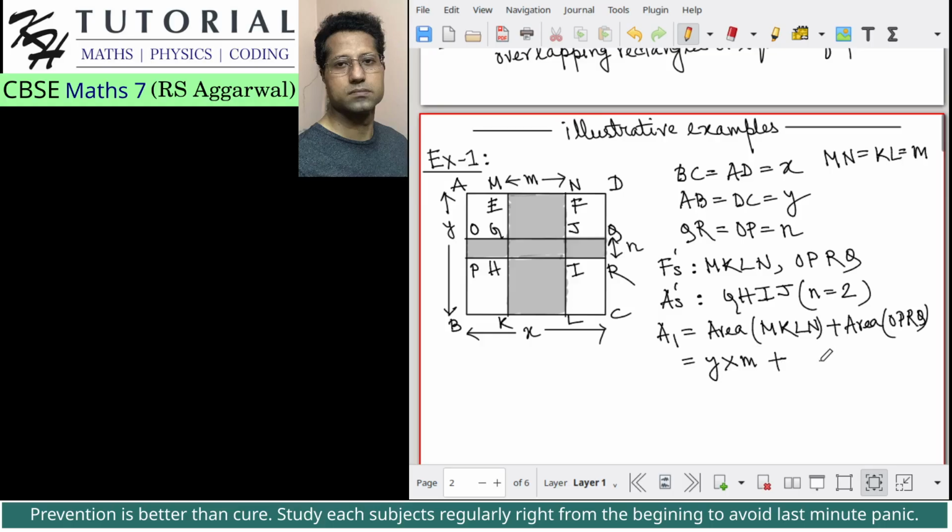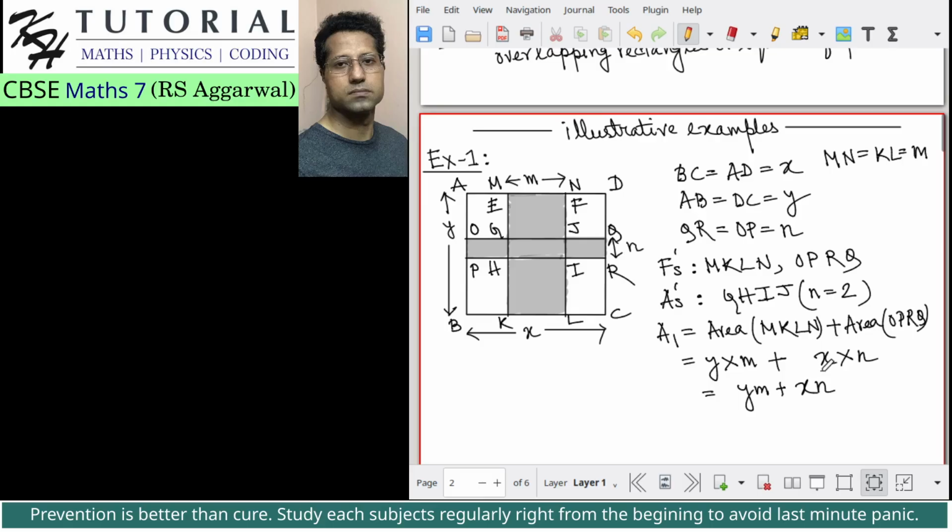And the area of OPRQ: we already know OP is n, and we have written QR is equal to OP is equal to n. HI is the length of OPRQ. So the area of OPRQ, the length is x and the width is n. So this is equal to ym plus xn.